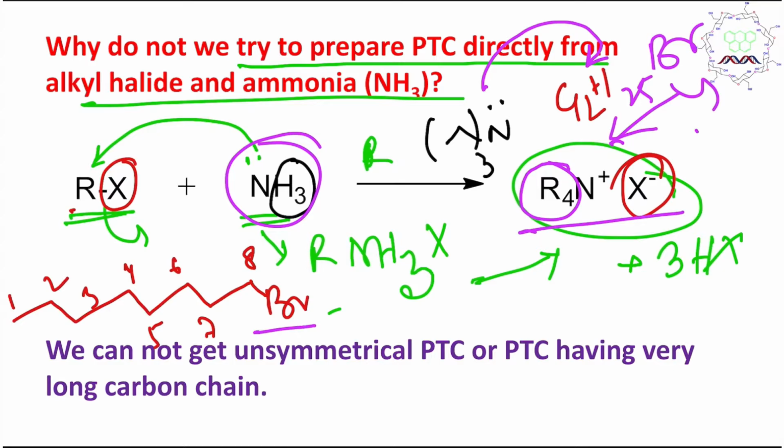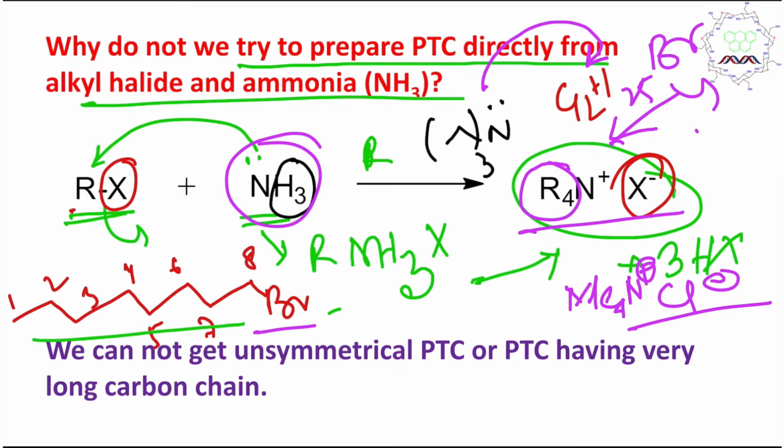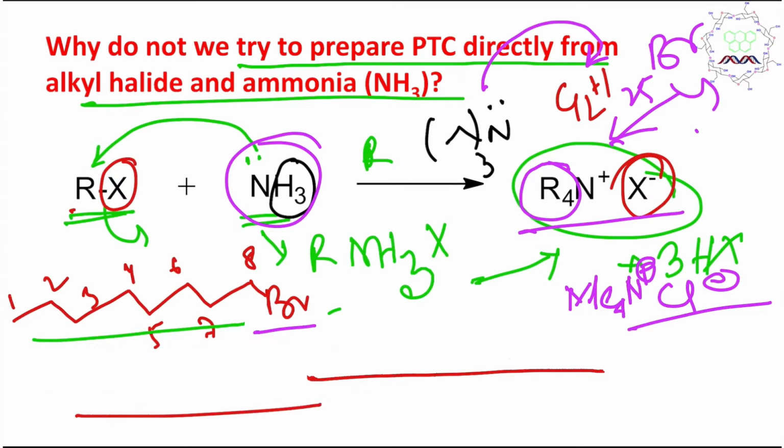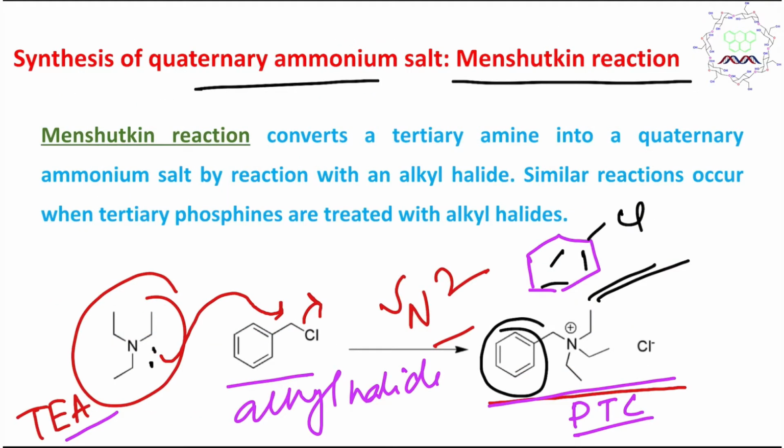And in this case, point wise, first, bulky substances cannot be produced. If the group is small, for example tetramethyl ammonium halide, if you want to prepare that, it is possible, fine, but for a long chain like this it is not possible. Point number 1. And point number 2, we can't get unsymmetrical PTC or PTC having very long carbon chains. Just some time before, you saw that this PTC is an unsymmetrical PTC.